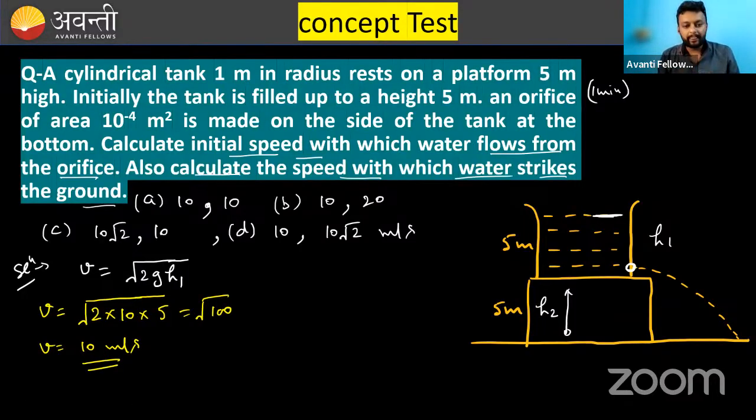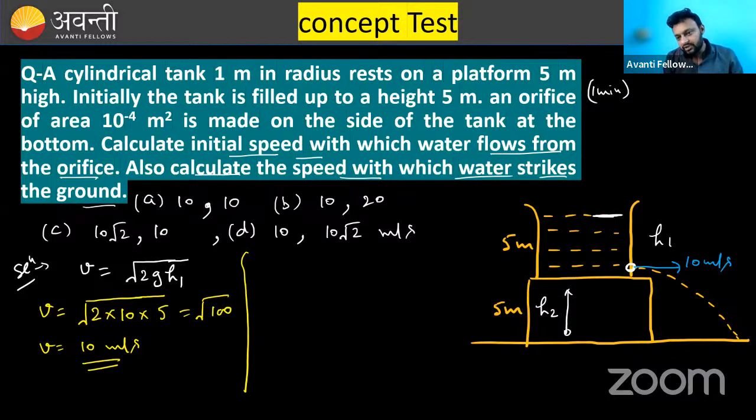First part is sorted. Now what does the second part say? The second part says also calculate the speed with which water strikes the ground. So now remember one thing. Let's suppose this is the water coming out of the orifice. Its initial velocity is what? 10 meters per second. That's what we have calculated.